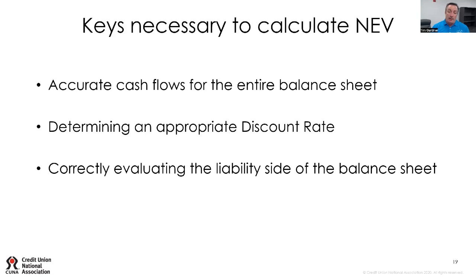On the deposit side, on the non-maturing deposits, the NMDs, I'm going to use decay tables. Decay tables take deposits that don't have stated maturities and make them look like they're going to be around for a stated period of time, 3 years, 4 years, 5 years, what we call the average life. And those cash flows on the asset side and the liability side are going to change when interest rates go up or go down.